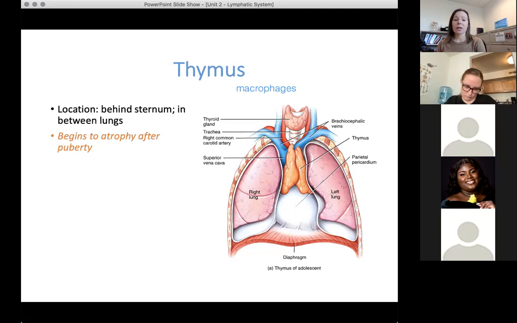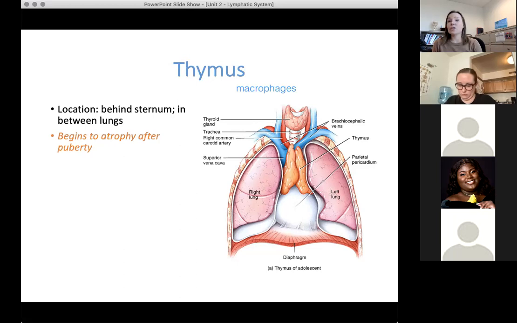By the time you are like 40, it's like half of its original size. It still functions though. You can still have the lymphocytes come here and mature. So it still performs its function. It's an interesting thing that happens to it.